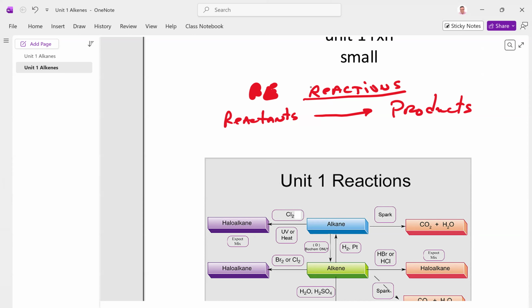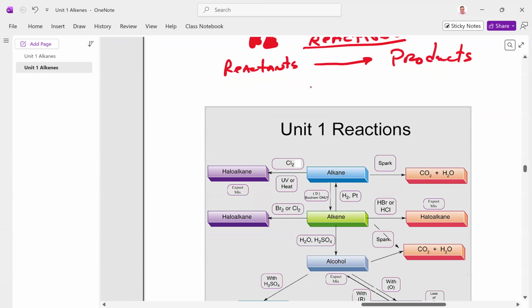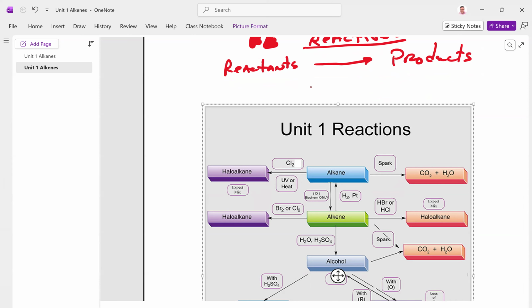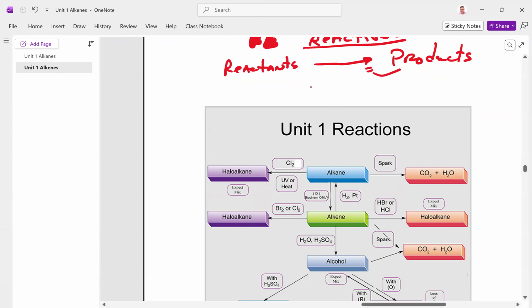Okay, so notice there's an arrow there. All these down here have arrows as well. The head of the arrow is the products. See where the head of the arrow corresponds to the product. The tail of the arrow corresponds to the reactant.